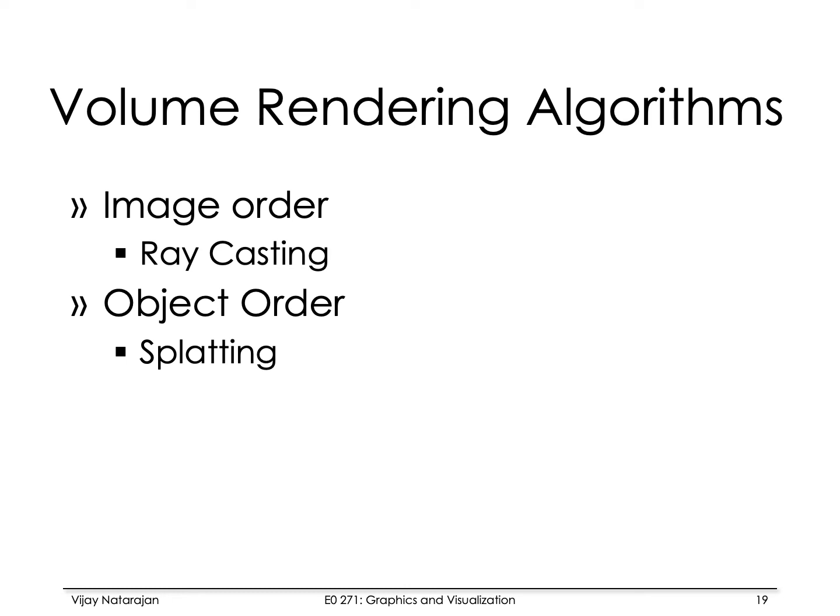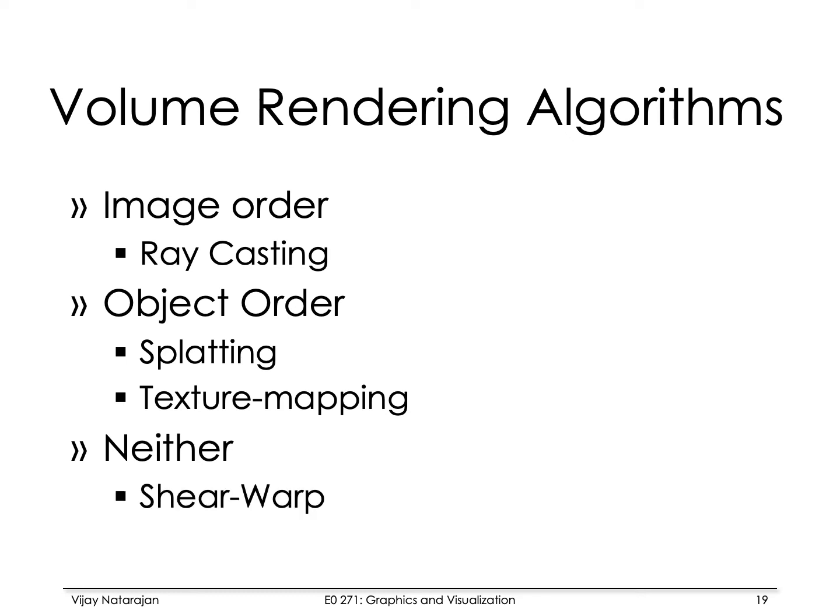Alternately, the volume could be considered as a collection of slices. Each slice could be texture mapped and displayed onto the screen using carefully chosen blending operations. So this is a texture mapping based approach. Then there are approaches which follow neither order or a combination of both orders. For example, there used to be a technique popular called the shear warp technique, no longer popular due to the viability of raycasting based approaches.